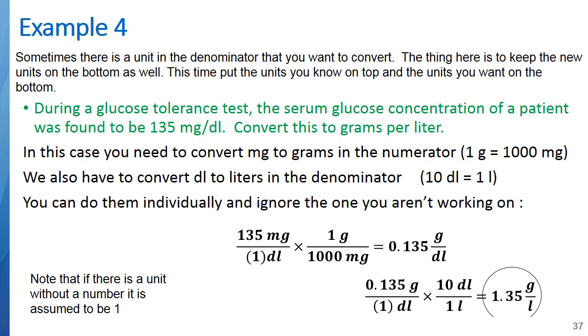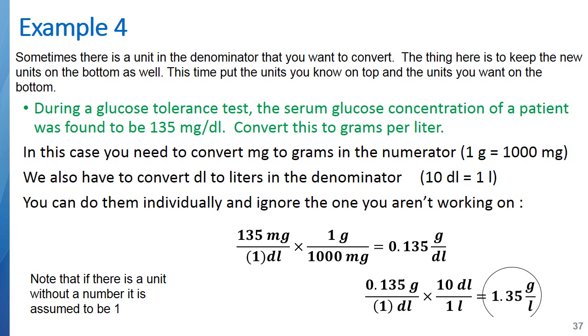Another way that you could do this problem, if you wanted to, is you could separate the two units away from each other to start with. So you could take 135 milligrams, convert that to grams. 135 divided by 1,000 will give me 0.135 grams.